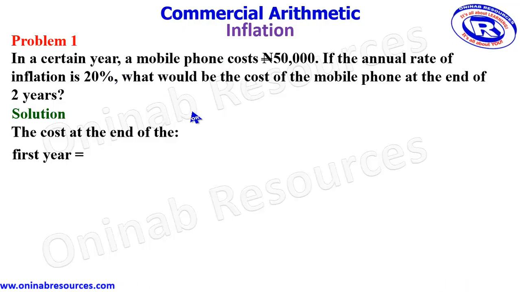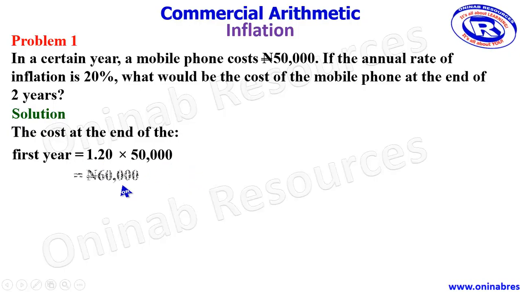It means with the original price being 100%, there's going to be an increment of 20%, so that the new price now will be 120%, and 120% will be multiplied by the original price of the phone. 120% as a decimal will be 1.20, then multiply by 50,000. Simplifying this from our calculator, we have the price at the end of the first year to be 60,000 naira.